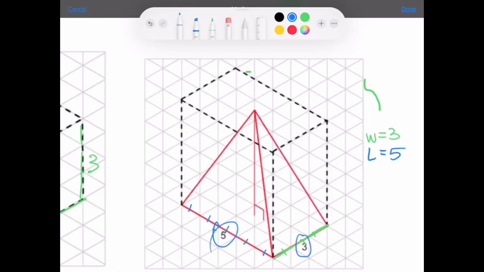Be careful here. The height is not this labeled in yellow. The height is where we have this perpendicular drawing, right? Because the height is from the base of the object to the top of the object in a perpendicular setting. Alright, so make sure you're using that value to find the height.